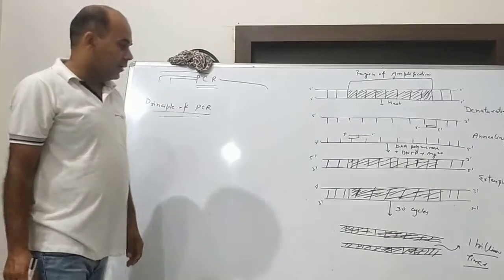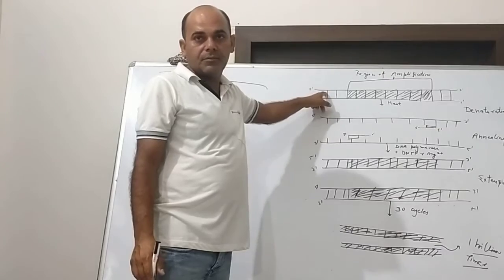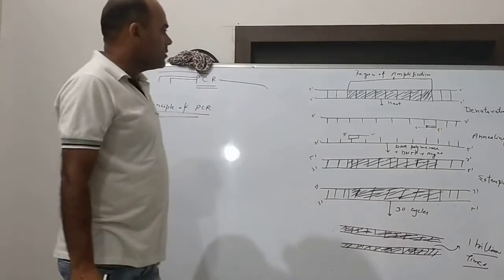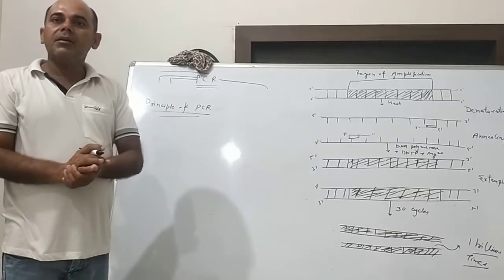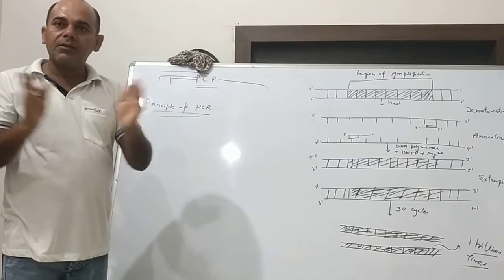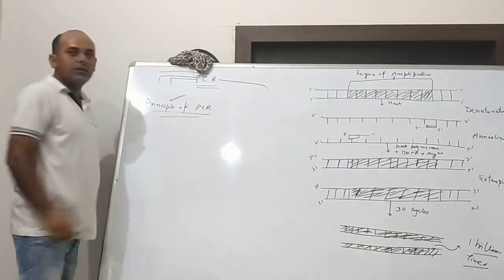You know very well, the base pair bonding can be easily broken. In short, within some time, when temperature is given, double-stranded DNA is converted into single-stranded DNA. This is the principle of PCR.